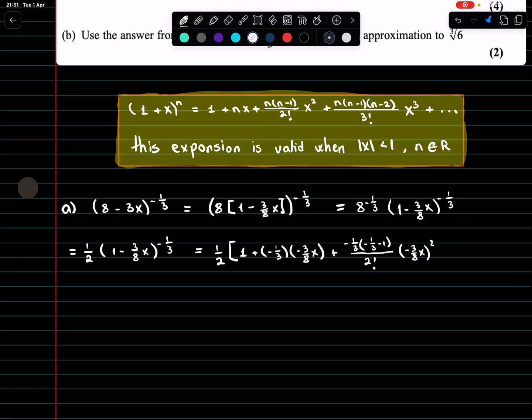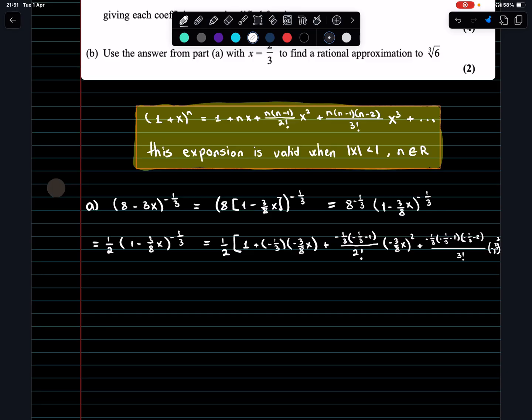There are 3 terms written, and the last term will be negative 1/3 multiplied by negative 1/3 minus 1, and then negative 1/3 minus 2, divided by 3 factorial, times negative 3 over 8x cubed. Okay, so 1/2, with the 1 staying there, and then the next term is simply 1 over 8x.